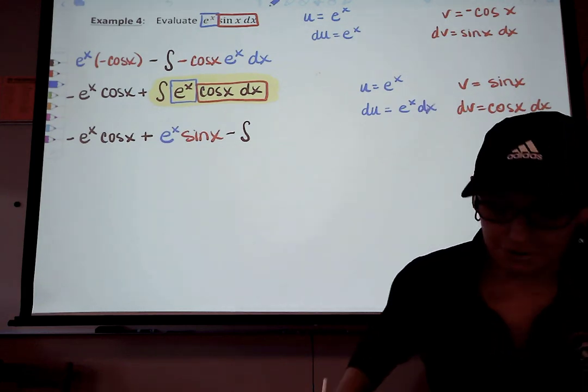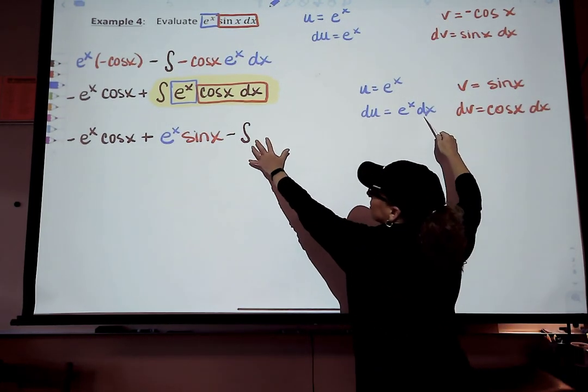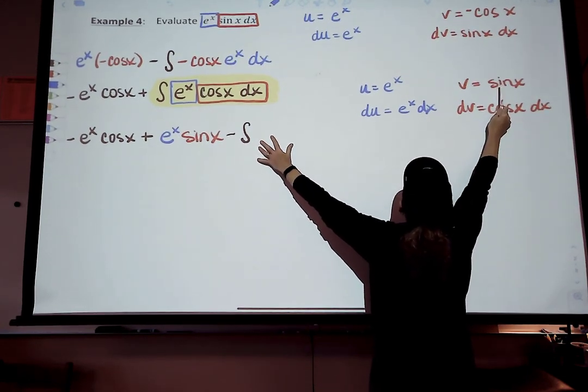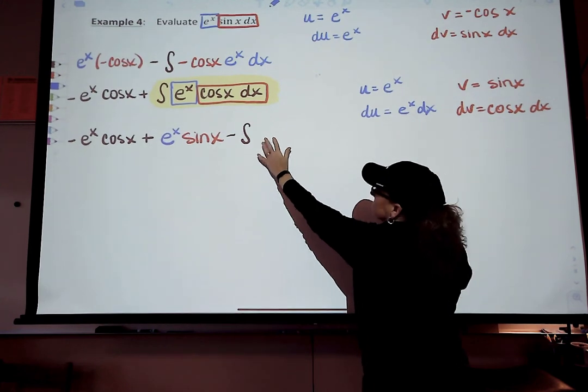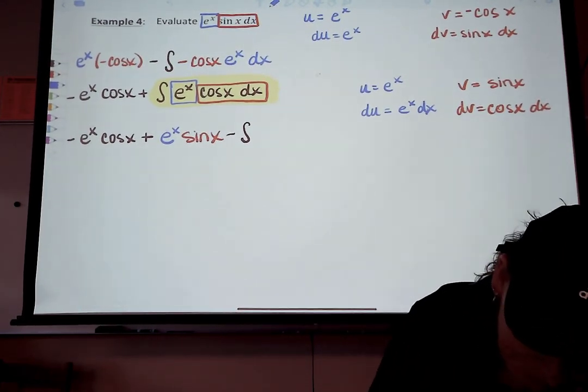Sorry, I forgot that part. du was e to the x dx. So in my integral, I'm going to need this and this. I'm going to get a little creative, though, on how I write it.